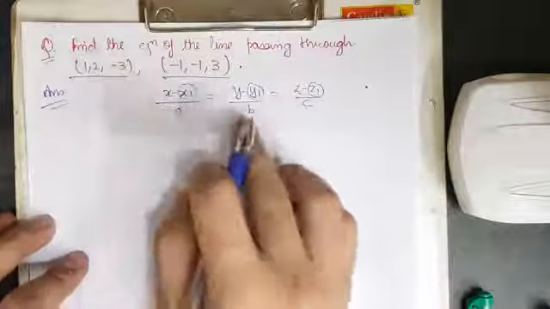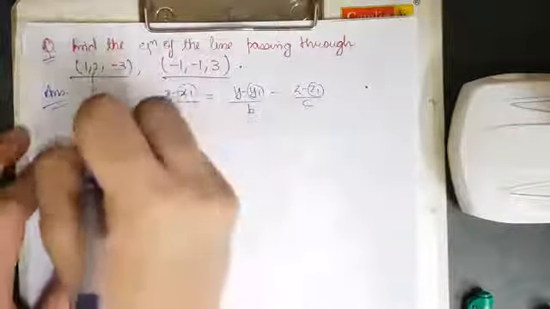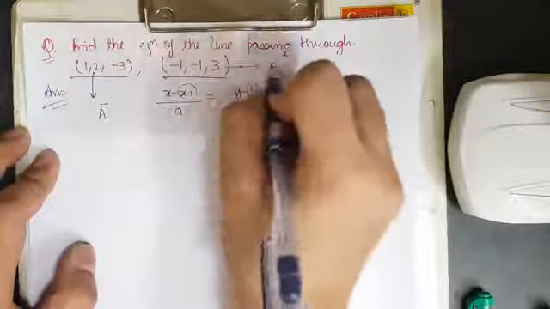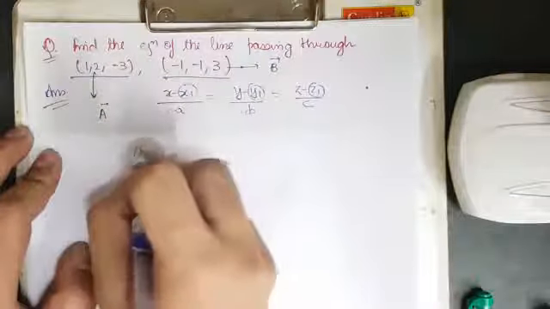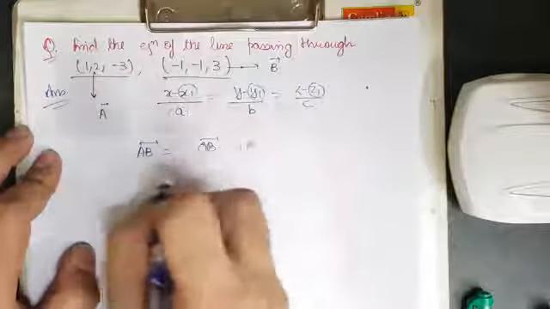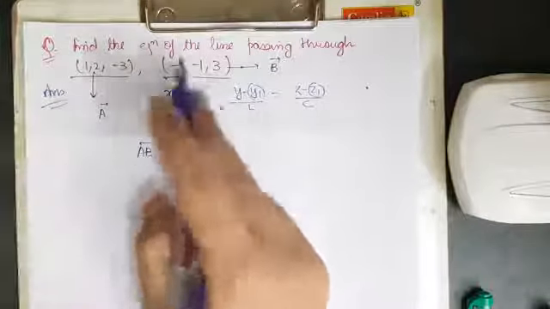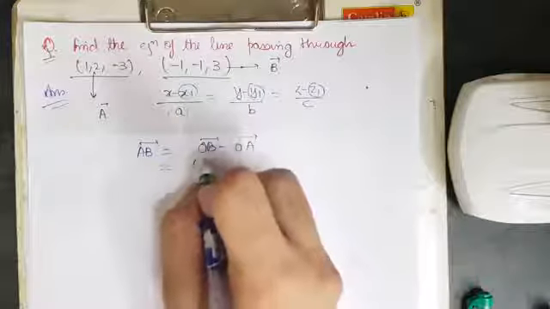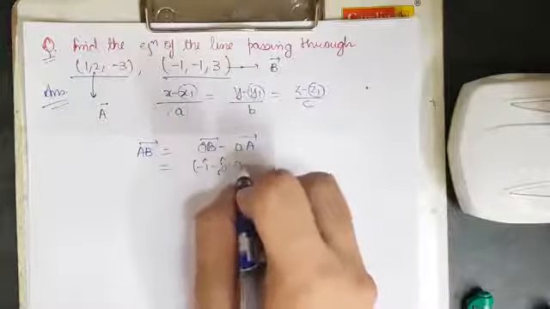So first of all, let us find the A, B, C values. So let me say this to be vector A and this to be vector B. So the AB vector will be equal to the OB vector minus the OA vector. So what is the OB vector here? That is this thing, that is minus 1i bar minus j bar plus 3k bar.